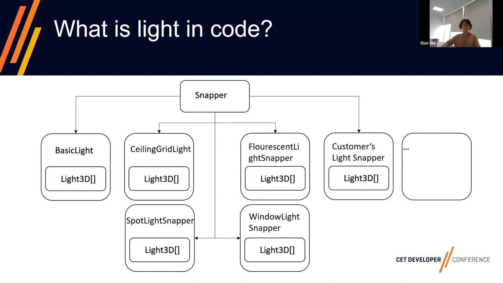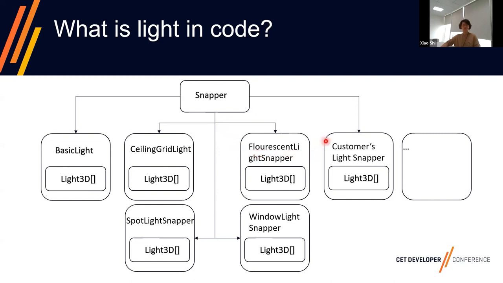We have basicLight.cm, which is a parent class for the light extension. It has a number of child snappers extending from it. That one is the basic light snapper. Here we have 4 snappers that are the 4 lights in the 3D extension, and you can see that they are a sublink of the basic light and extend from snapper directly.